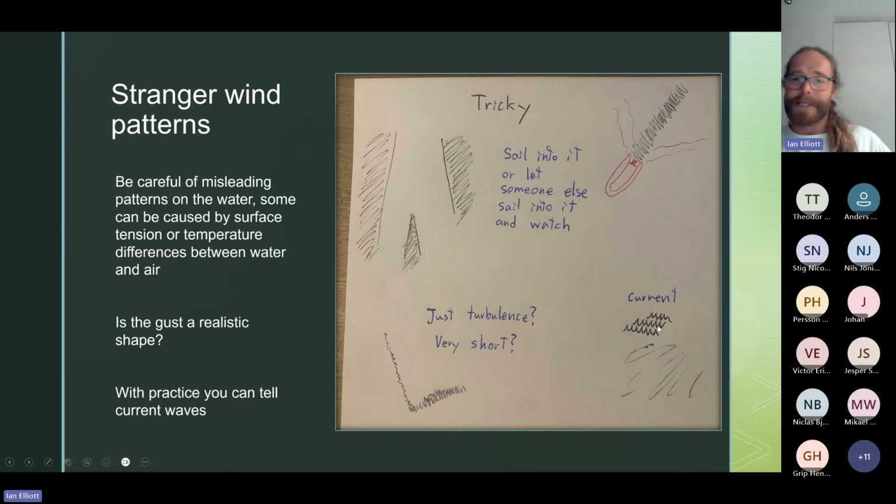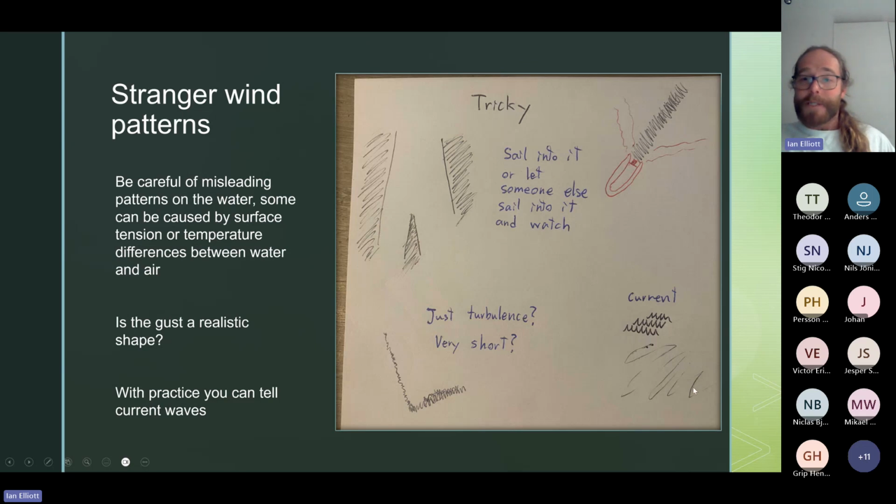But these sharp ones could be current, and that would typically be current going upwind, because current against wind creates more apparent wind. If you have current with the wind, it looks sort of oily, like a calm patch. And I think those are harder to tell apart, a calm patch from the water going downwind.